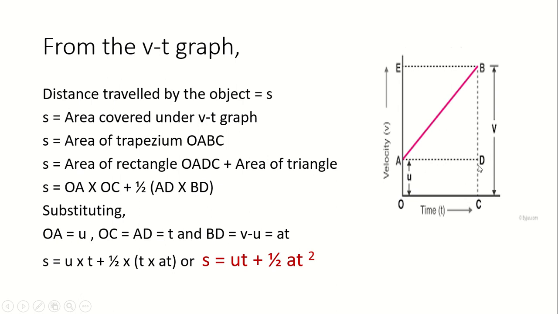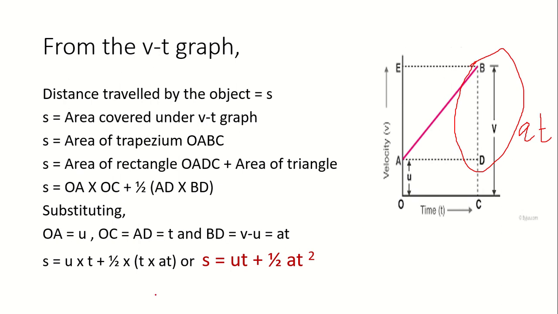OC and AD both are equal to the time interval t, and BD equals v minus u, which is also equal to at. You have learnt this in the first equation of motion.